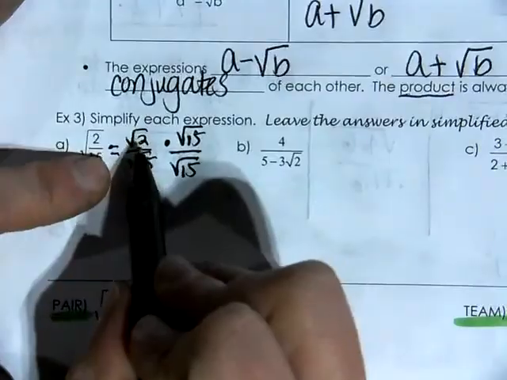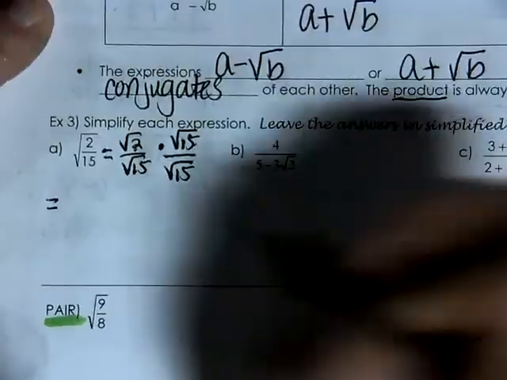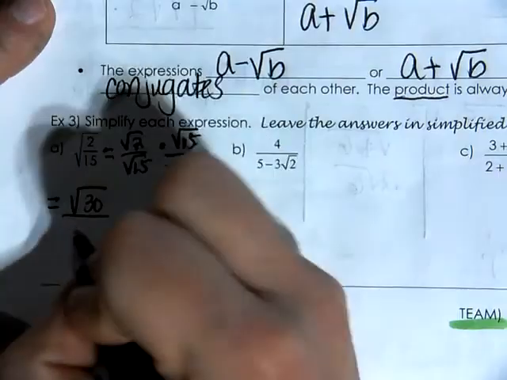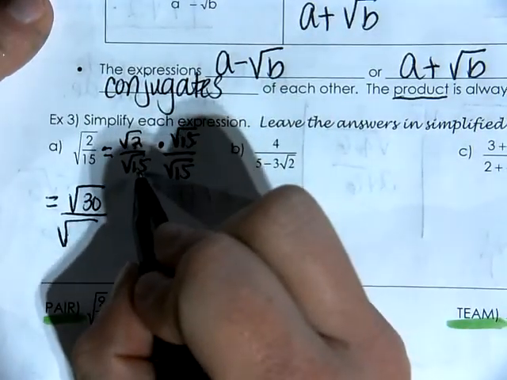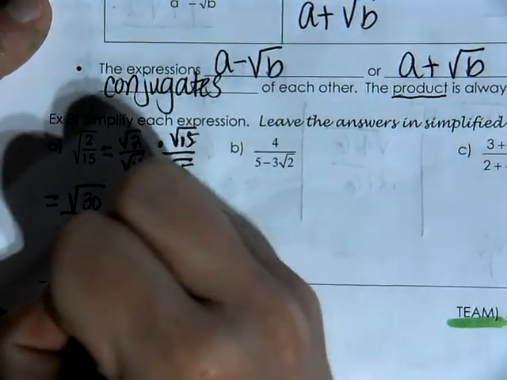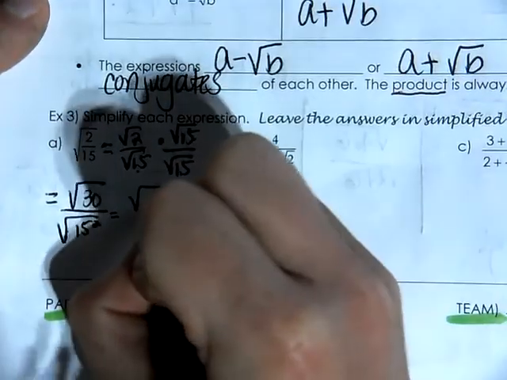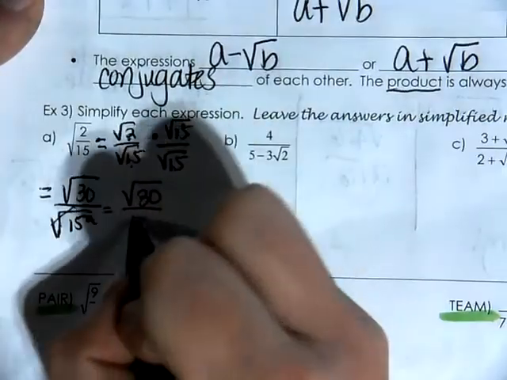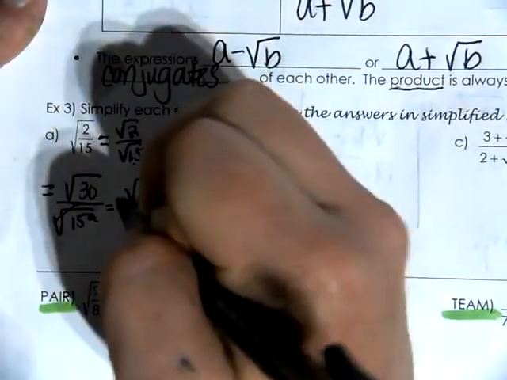So I'm going to multiply 2 times 15, and that is going to equal 30, divided by the square root of 15 times 15, which is 15 squared. So this is the square root of 30 divided by, the square eliminates the square root, leaving you with just the number 15.